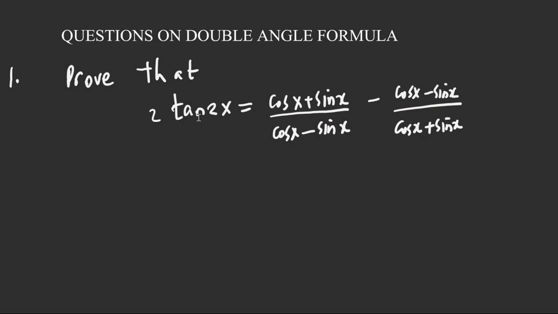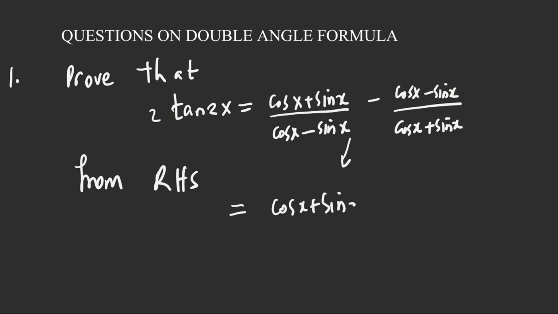So this question, we are going to start from the right hand side expression, and the expression here will be equal to (cosine x plus sine x) squared minus (cosine x minus sine x) squared.